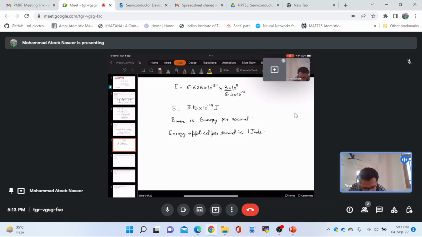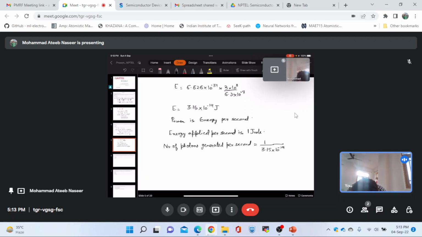So the number of photons generated per second will simply be equal to the energy applied per second divided by the energy of the photon, which is 1 divided by 3.15 into 10 raised power minus 19.